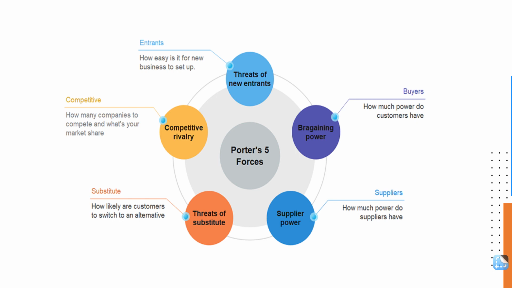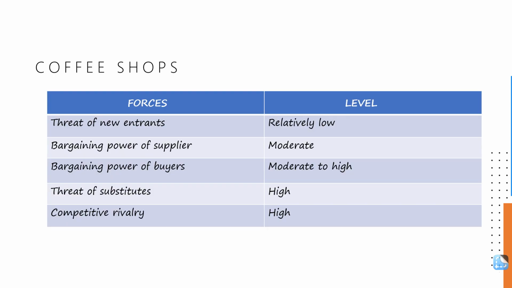So what is meant by threat of new entrants? Let me see this with an example. Suppose I am going to start a coffee shop. Threat of new entrants is nothing but how easy or difficult it is for a new company to enter the industry.